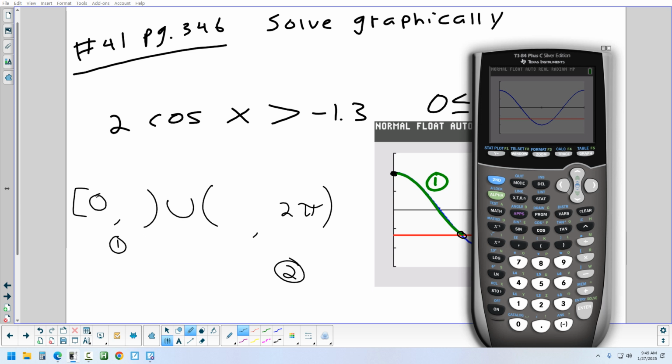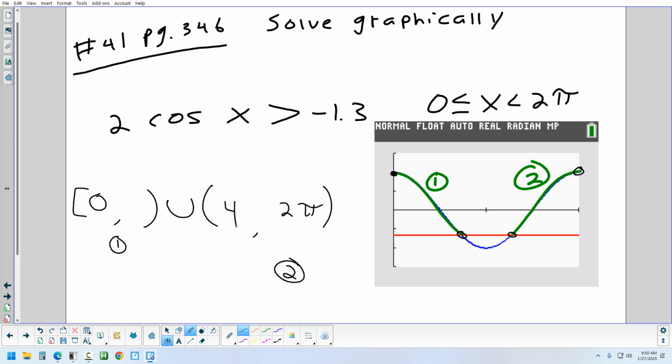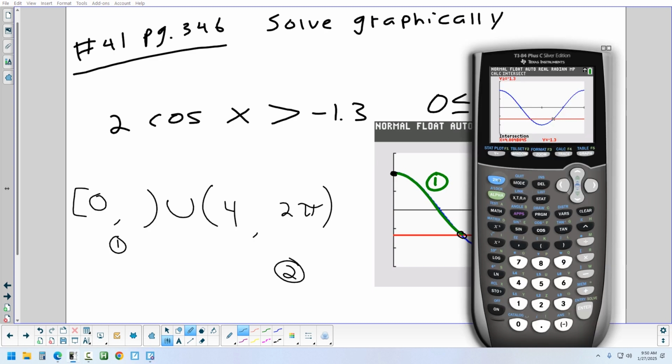So that's our intersections. So interval 2 starts at, we'll just call it 4. And interval 1 is going to end on 2.28.